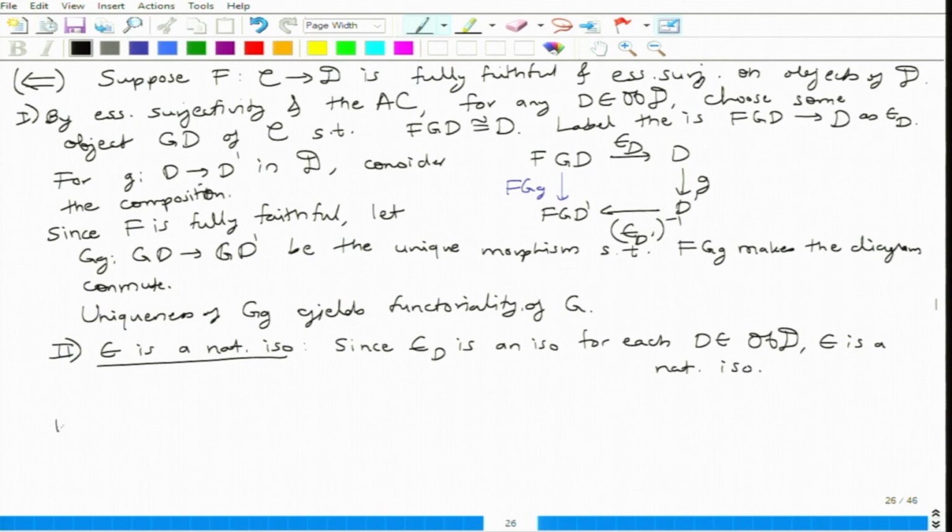Very good. Now, third thing, we have to first come up with some choice of eta and then prove that eta is a natural isomorphism. How do we define eta?